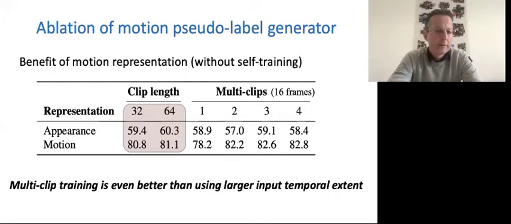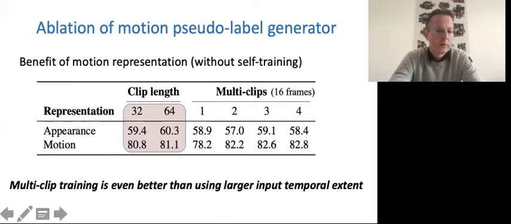Now, then we have this multi-clip loss, where we separate each individual video clip into 1, 2, 3, or 4 subclips, each covering 16 frames. So as you can see, multi-clip training is even better than using a larger input temporal extent.